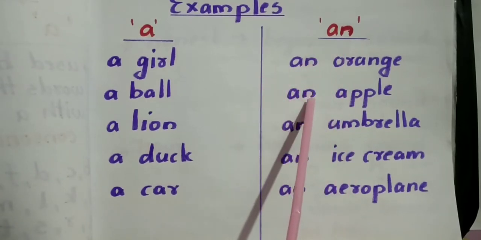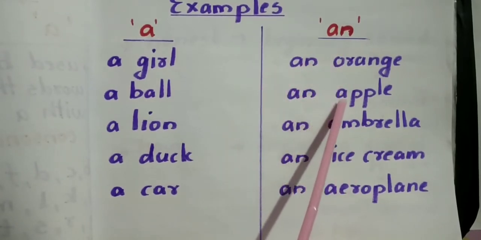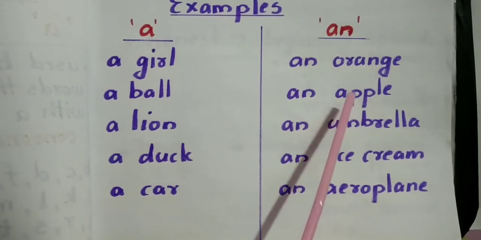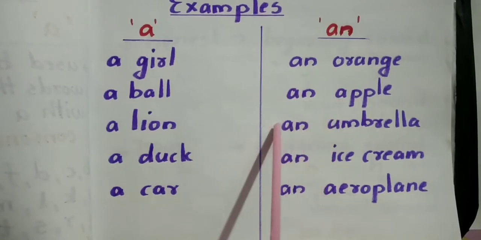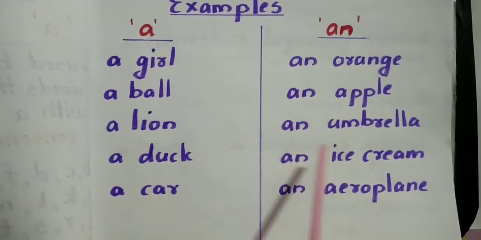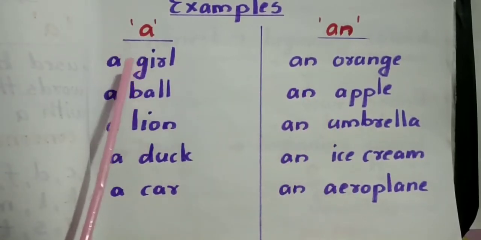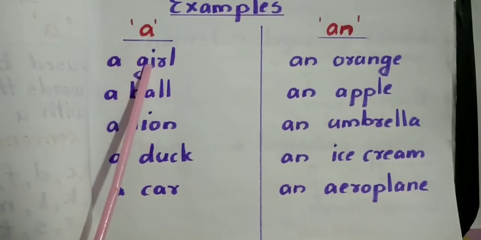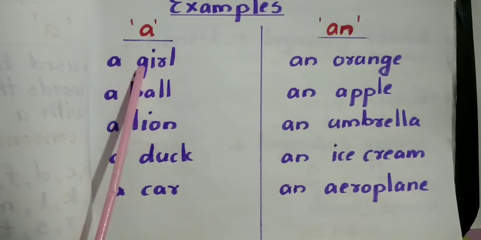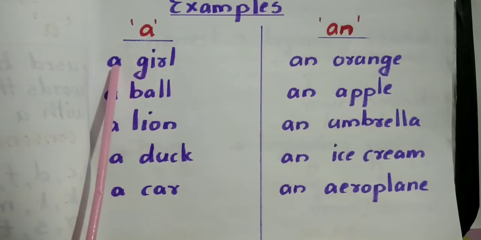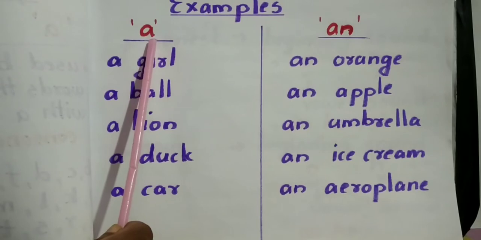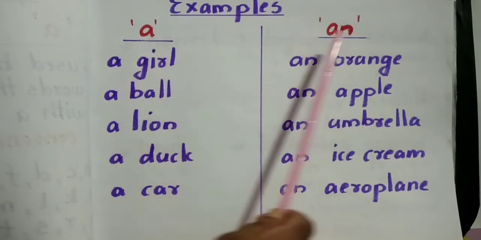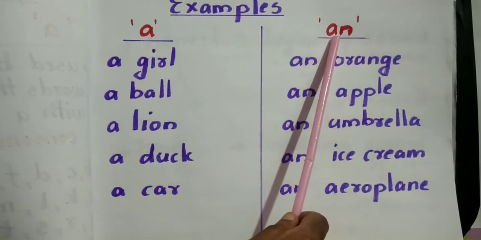We won't say a apple because it is a vowel letter and vowel sound. Here all these are consonant sounds and consonant letters, so we won't add an before them. We will add a before them. So a is used with consonant sounds and an is used with vowel sounds.